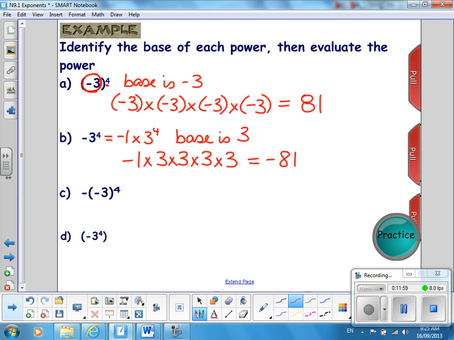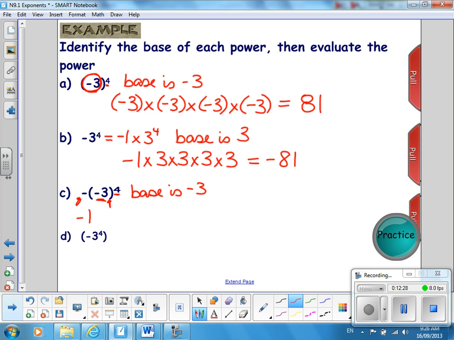Let's look at C. We have a couple of negatives here. We have some brackets, so we have to determine what is part of the base and what is separate. The bracket separates the exponent from the base. Everything in that bracket is part of the base because the exponent is outside of it. So the base is negative 3. But the negative that's out in front here is extra.